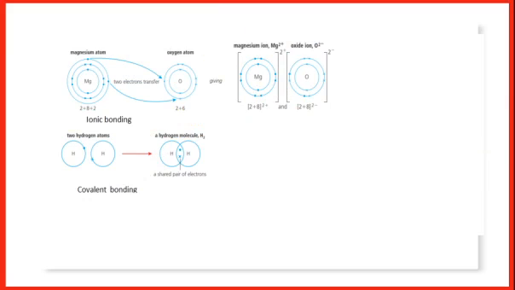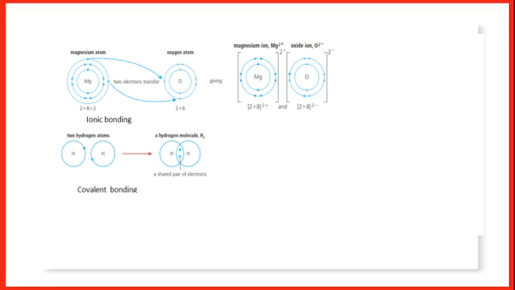The first example you can see is the ionic bonding between a magnesium atom and an oxygen atom to form magnesium oxide.